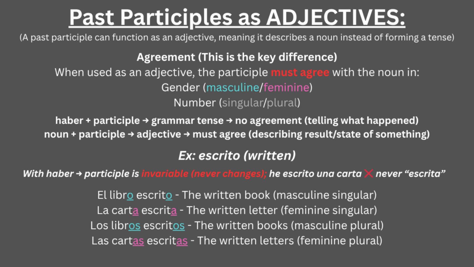By using escrito in context, we can make sentences like el libro escrito, la carta escrita, los libros escritos, las cartas escritas. In this case, the adjectives are paired with nouns and go after, which is grammatically correct. But there are other ways that we can use participles as adjectives.